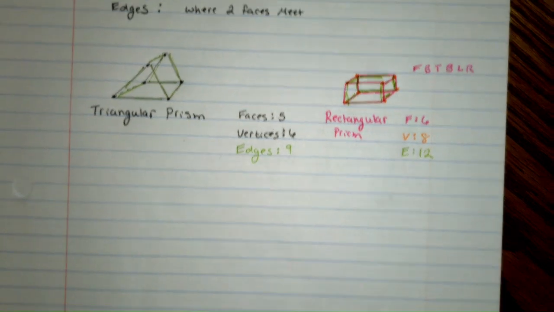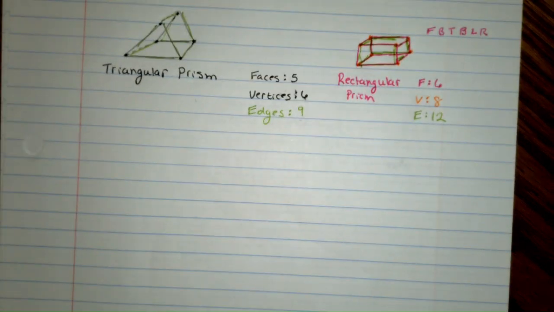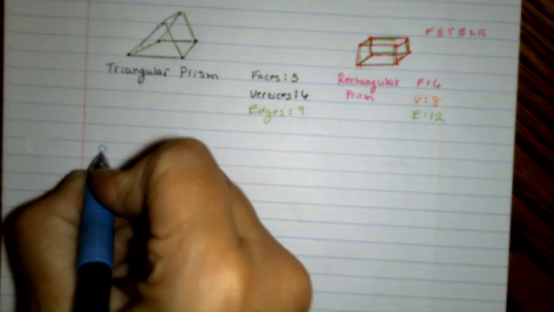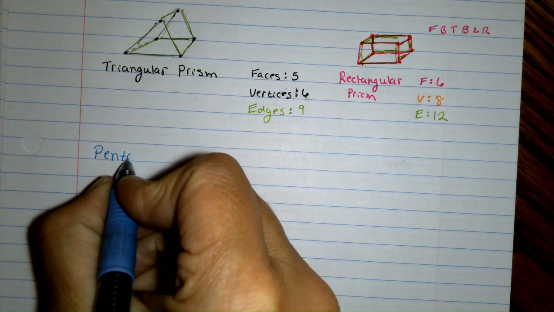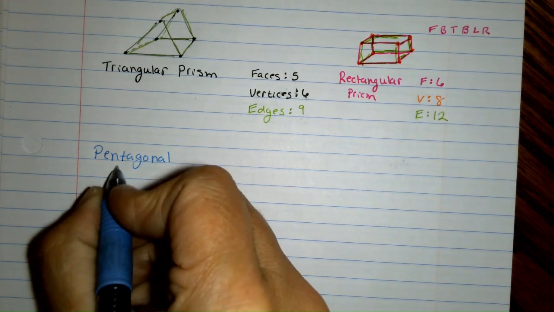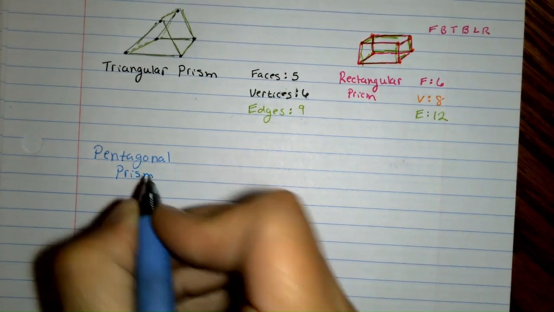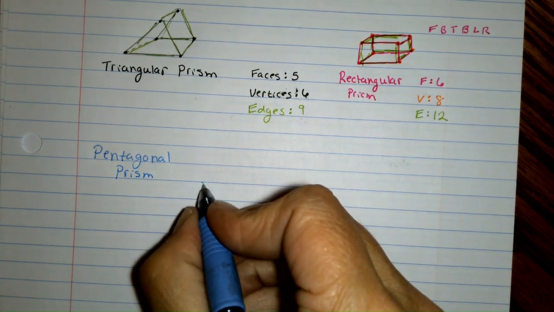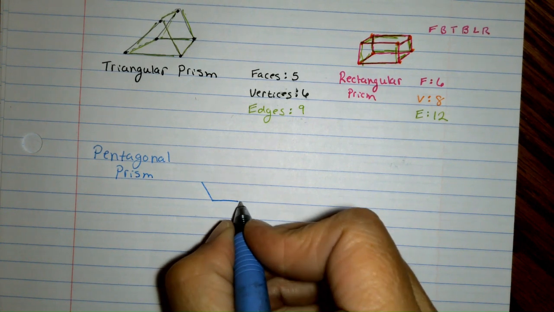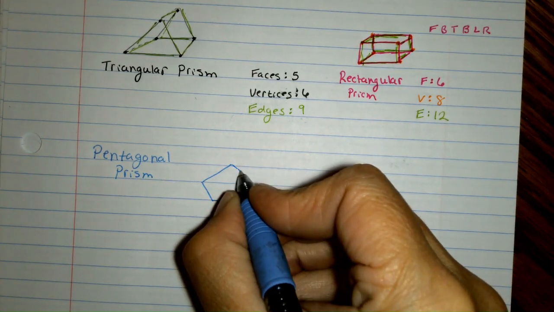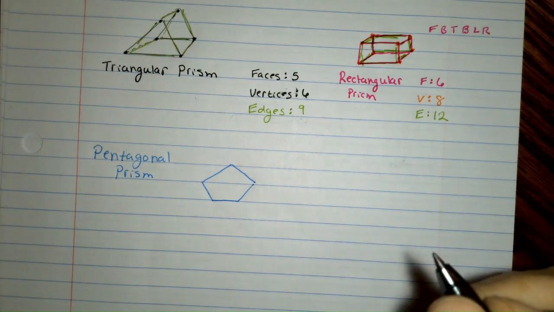Okay, now we're going to get a little bit tougher. Pentagonal prism. Have you noticed that I name them by whatever front shape I draw? That's actually the overall base. So this time I've got to draw 2 pentagons and connect it. All right, boom, boom, boom, boom, boom.